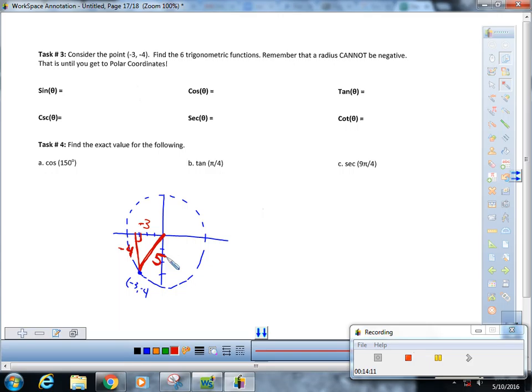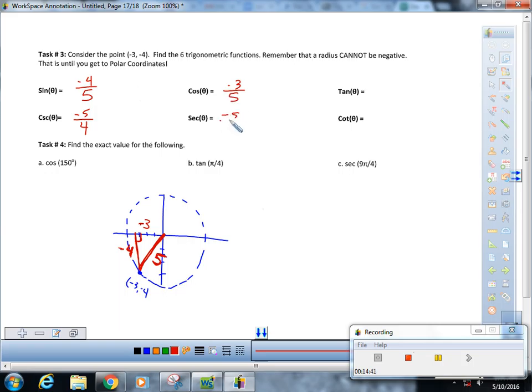So, sine will be opposite over hypotenuse. -4/5. Okay? You get that? So cosecant is going to be -5/4. You can put the negative on the top or the bottom. I tend to put it on the top. Cosine will be -3/5.